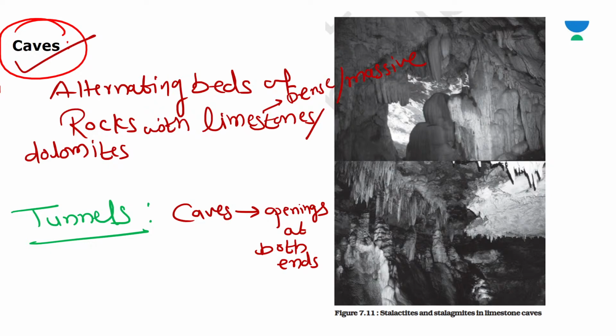Now just a recap. In areas where there are alternating beds of rocks with limestones or dolomites in between, or in areas where limestones are dense, massive and occurring as thick beds, cave formation is prominent. Water percolates down either through the materials or through cracks and joints and moves horizontally along bedding planes.